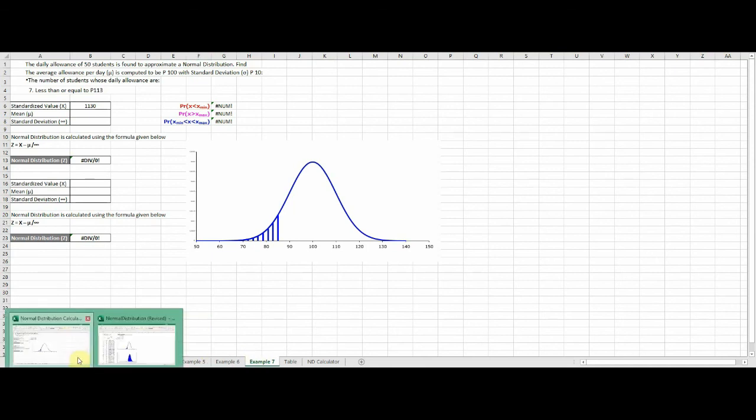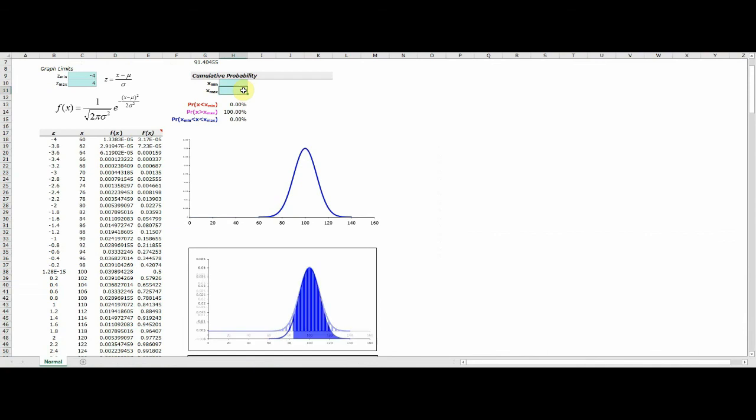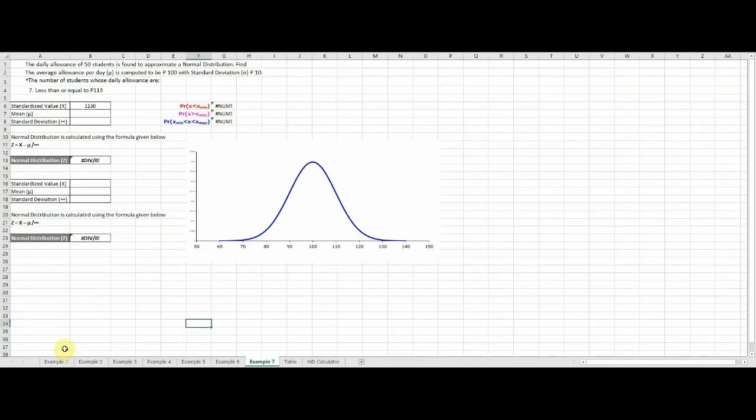It is less than 113. When we say less than, you're going to the left side. So let's place the value here: mean, the standard deviation. From the average going to 113 is 40.32.